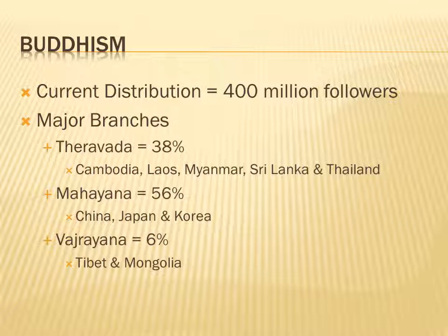Definitely the smallest branch of Buddhism, only 6%, largely found in Tibet, but is most well known because of an individual that you might have heard of before and is associated with Buddhism, the Dalai Lama. And so this is another element where we can incorporate that into our understanding, right? Knowing who an individual is and what religion they're associated with is important.